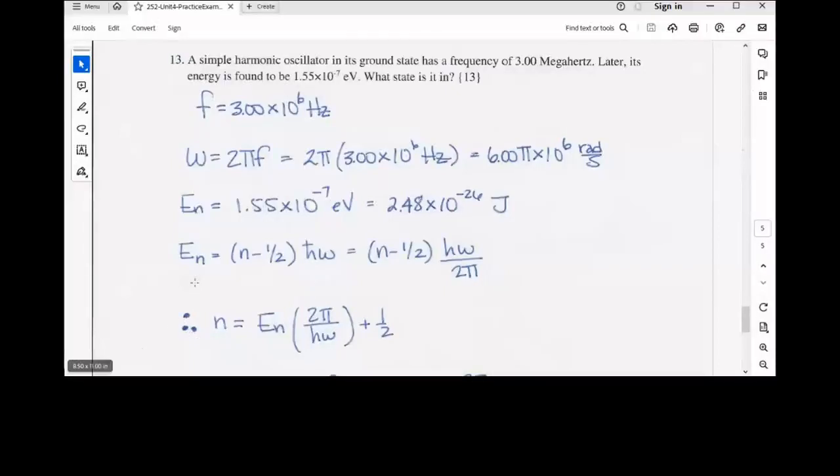So using that same logic, E sub n would also have to land on some half integer multiple of h bar times omega, where h bar is just Planck's constant h divided by 2 pi. If I solve this expression for n, I find that E sub n times 2 pi over h times omega, added to 1/2, will give us an n value.